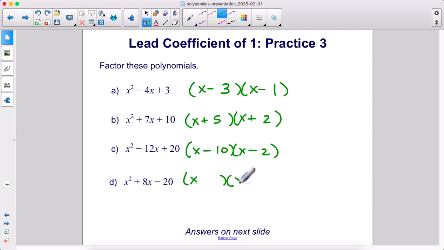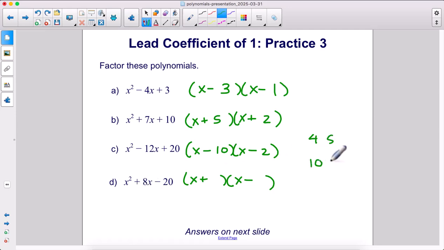Finally, we have a negative number here, which means one of these is going to be positive, the other's negative, which means it does matter where we put the factors. So what numbers multiply together to 20 but add to 8? One's going to be positive, one's going to be negative. This is the hardest type to factor. We have 4 and 5, but there's no combination of one positive and one negative that are going to add to 8.